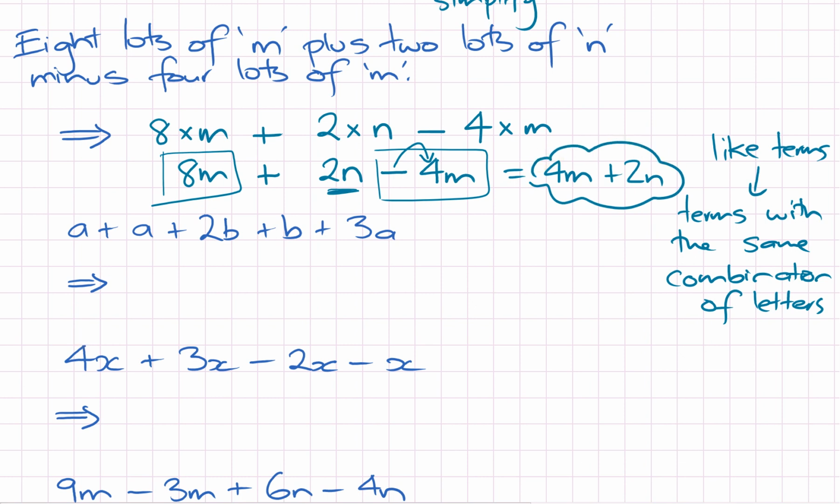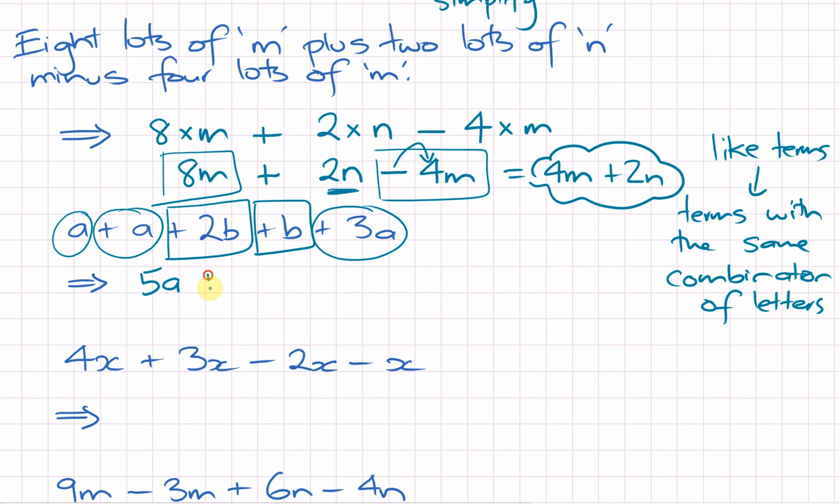Next example, a plus 2b plus b plus 3a. So what I want to do is collect my like terms. So I've got a plus 3a will give me 5a, and then I've got plus 2b plus b, so that will give me plus 3b. So we are simplifying.